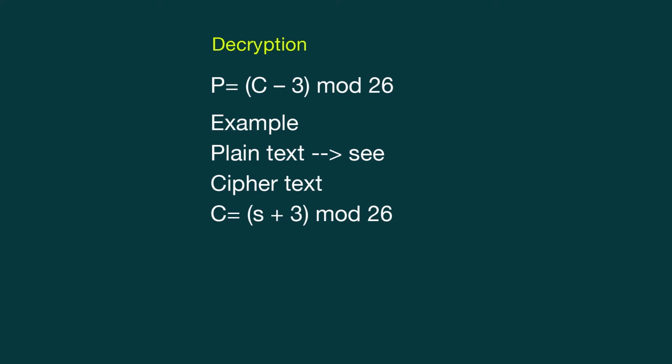For example, plain text SEE becomes in ciphertext C equal to S plus 3 mod 26. Find the chronological order or positional order of letter S in English alphabetical order. That is equal to 18. Letters are counted from 0 onwards. So, the position of letter A is 0 for our reference.